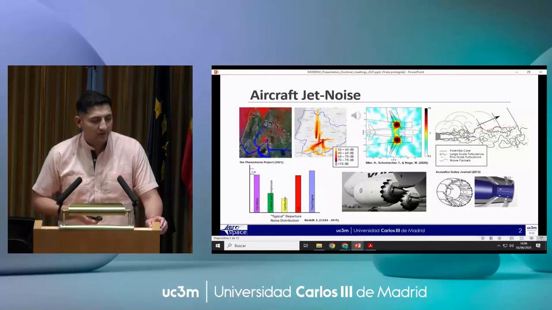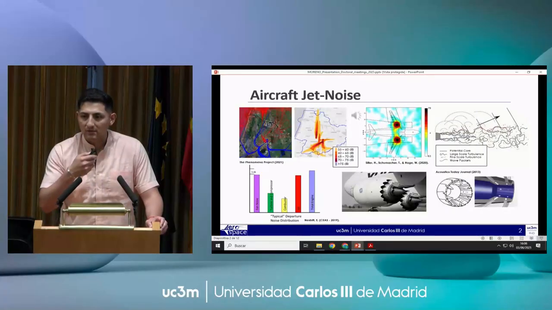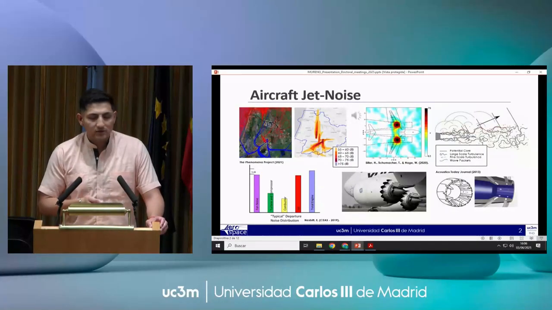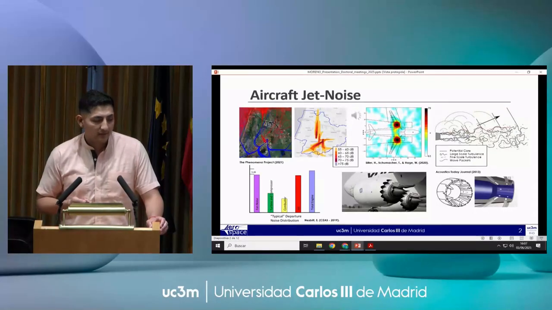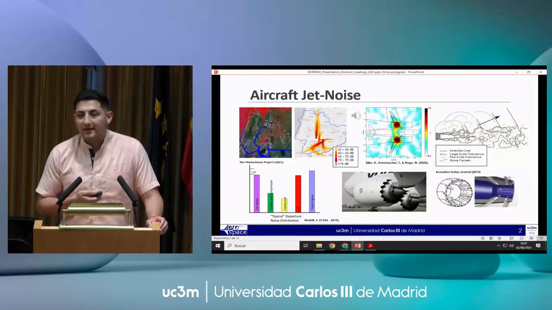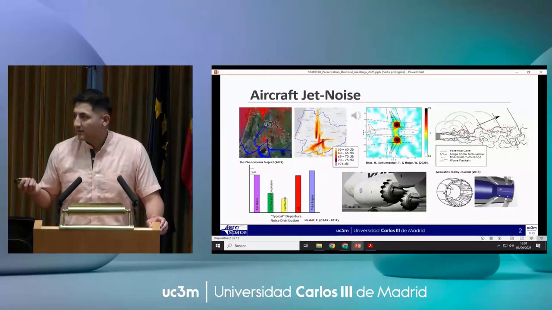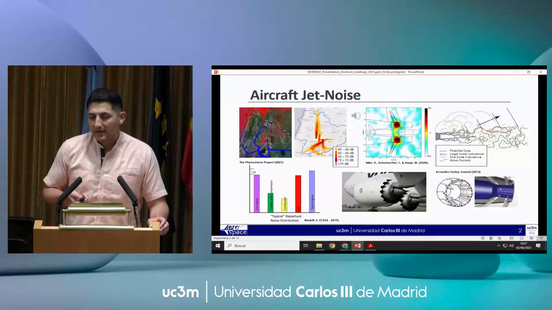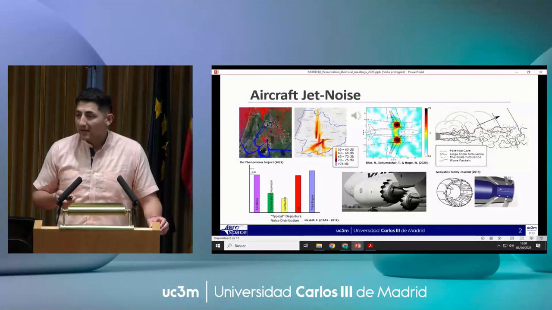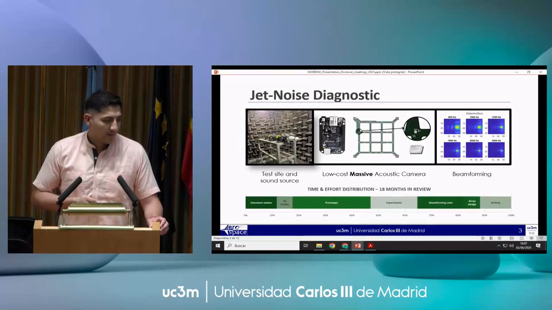You can see the chevron, which uses accelerations around the jet, and also some corrugations that you can implement in the internal part of the engine, as well as the active solution, as Luca already presented, that is based basically on air injection to modify and control the airflow.